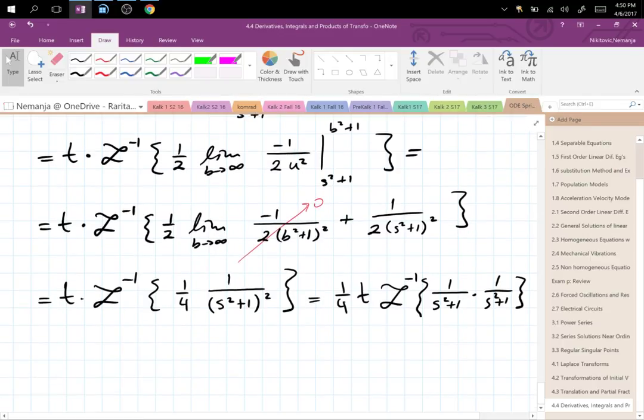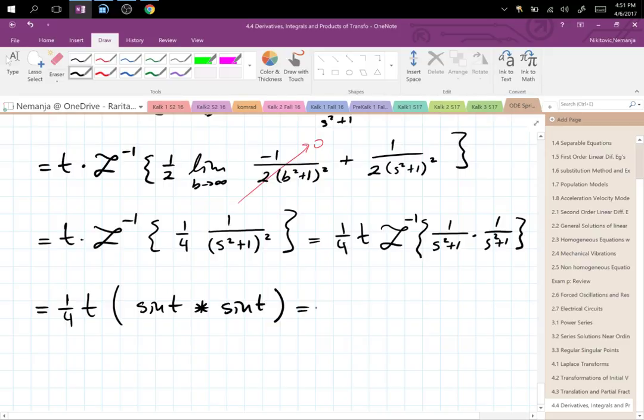See that? That's two sines. So it is 1/4 t times the convolution of sine t and another sine t, which is further equal to 1/4.